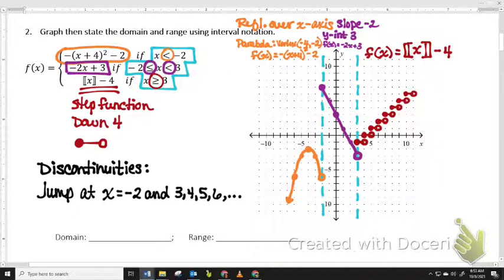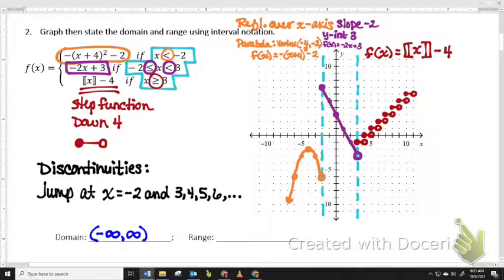Domain. What is our domain? What are the possible x values? Yes, sir. Negative infinity to all real numbers. Negative infinity to positive infinity. That is the idea that is encompassed in all real numbers. Yes, you're correct. So over here on the left, we would continue moving into those negative x values forever.